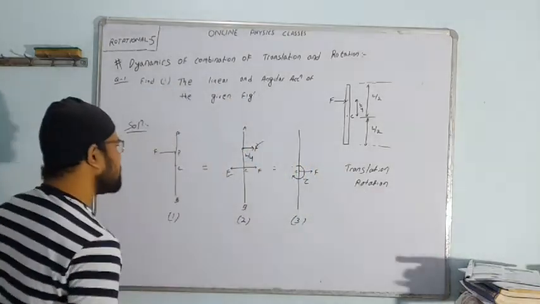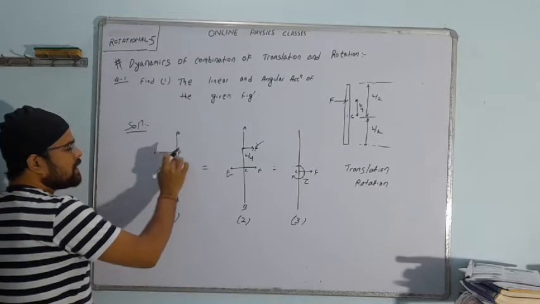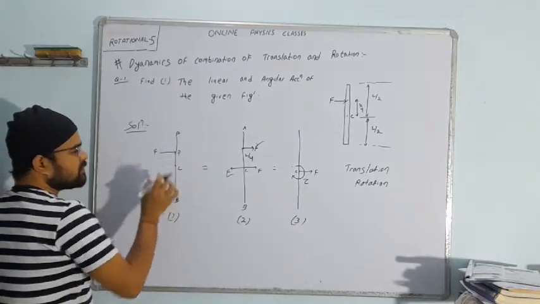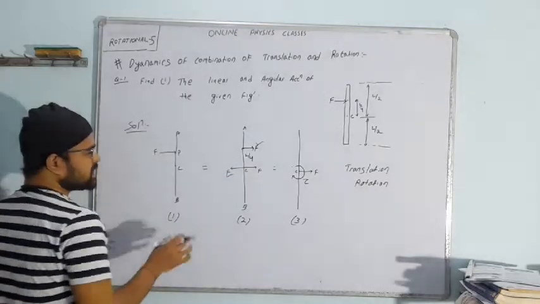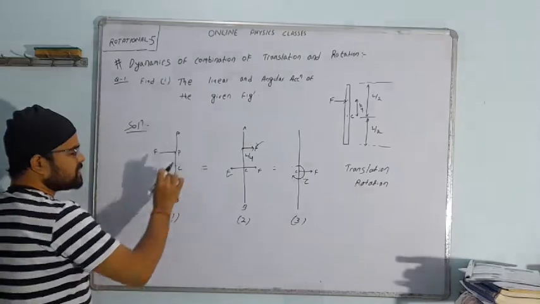Why is rotation coming? Because the force does not act on the center point. If this force acts on the center point, then the distance will be 0.